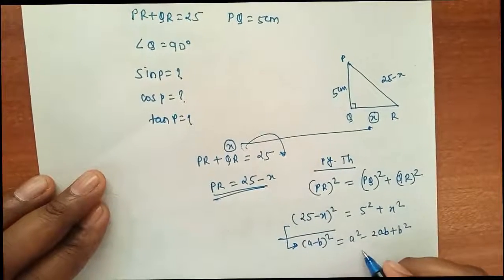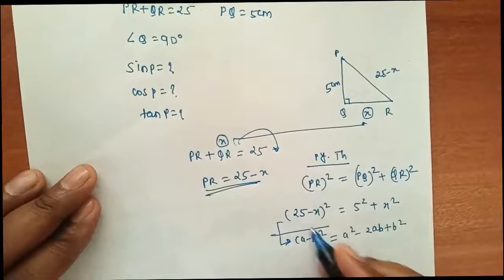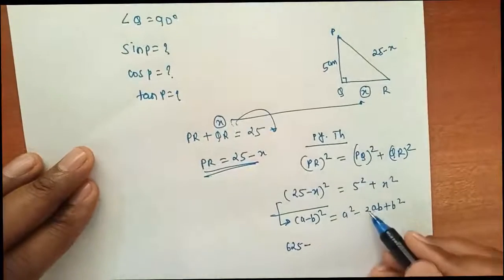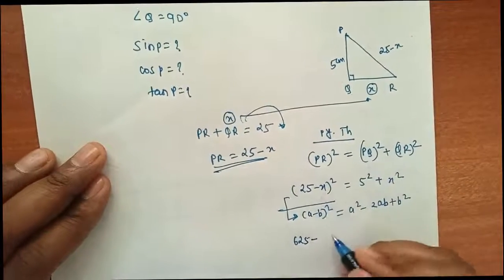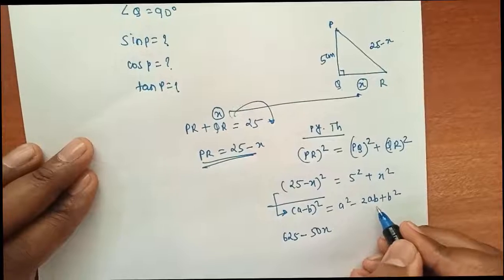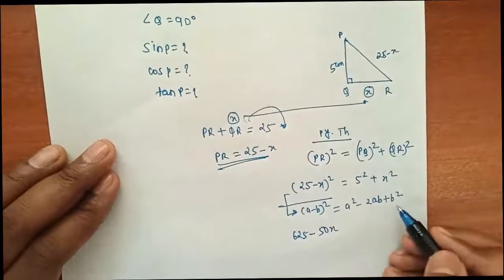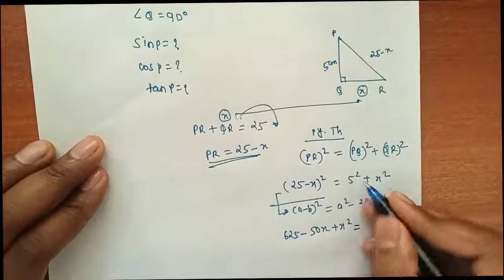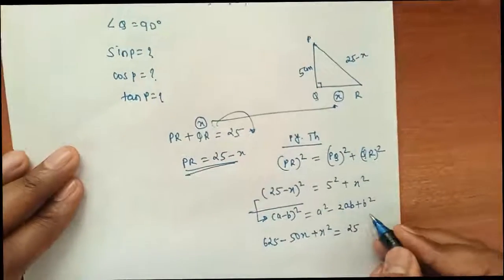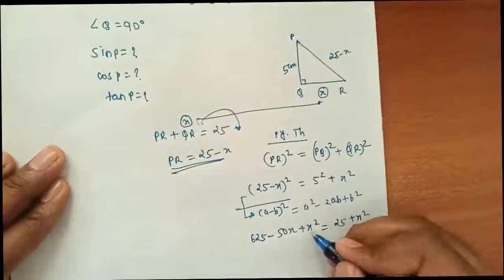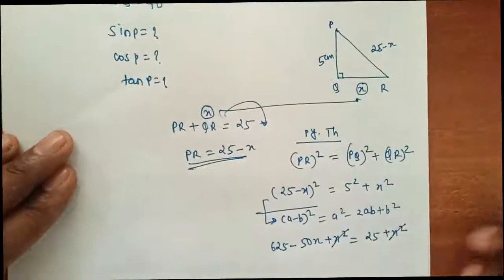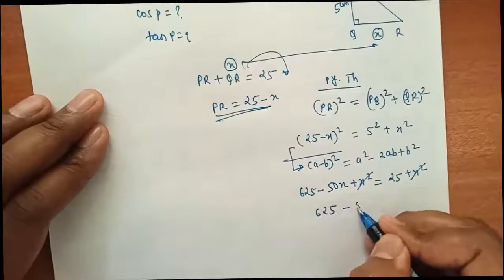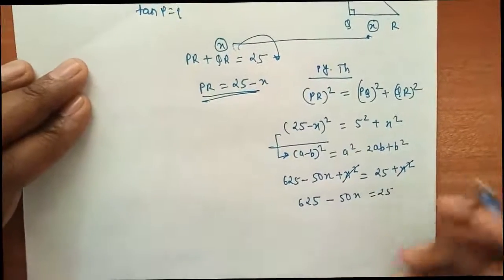Your A is 25 and B is X. So A square is 25 square, which is 625, minus 2 into 25 into X, that is 50X, plus B square, which is X square, is equal to 5 square, which is 25, plus X square. So this X square and this X square will be cancelled. Now it will become 625 minus 50X is equal to 25.